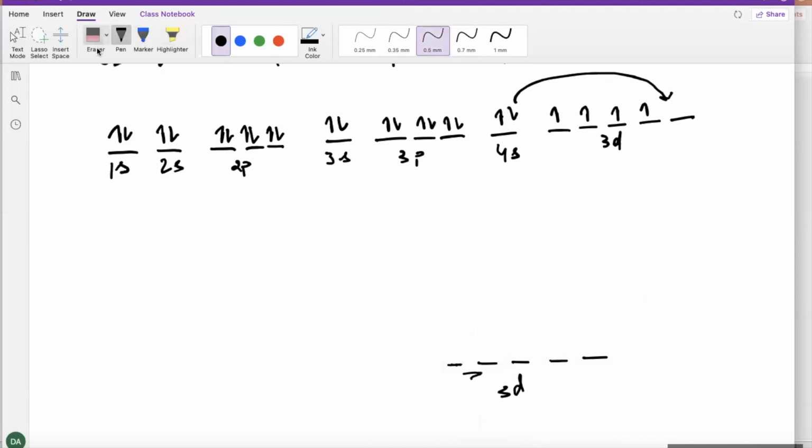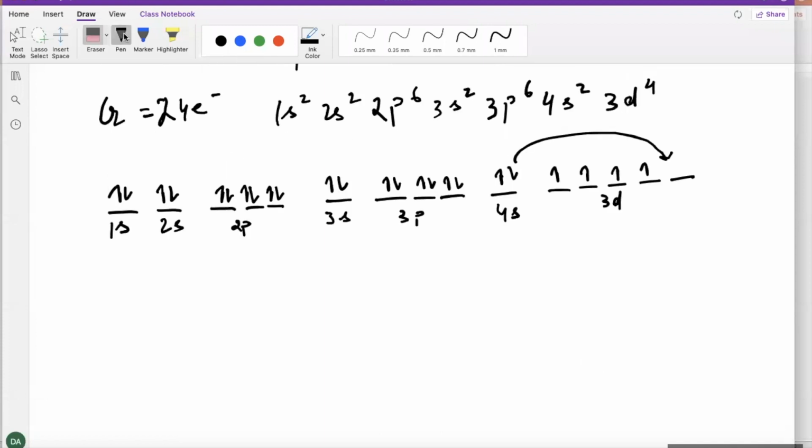Okay, so now guys, let's look at the chromium again. I'm going to rewrite this. I hope you understand this part, guys, that this electron has been removed and this electron has moved here.